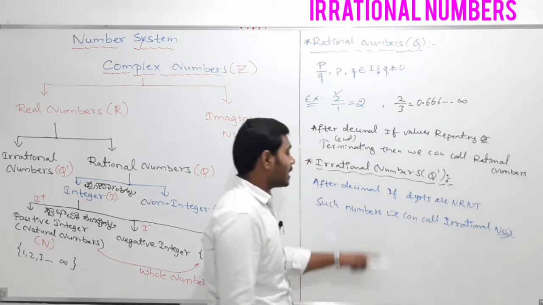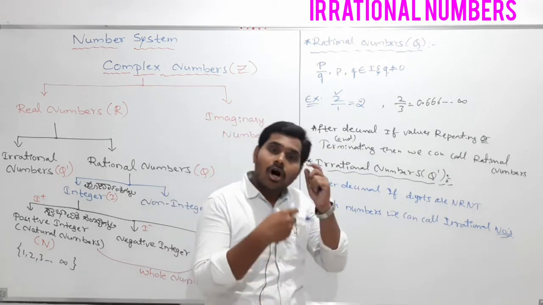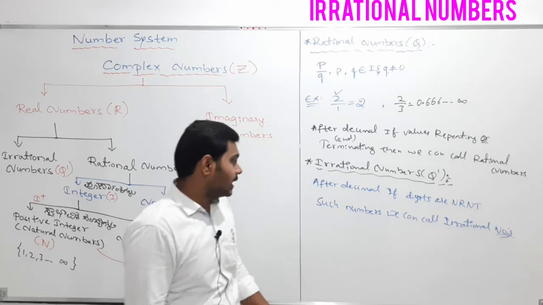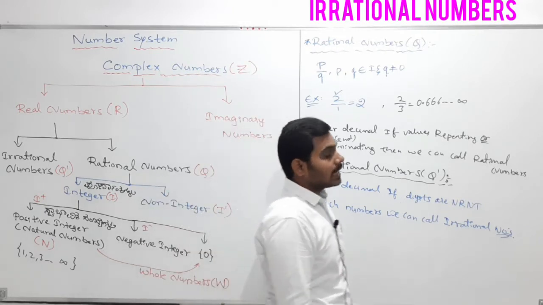So what are irrational numbers? After the decimal, if digits are not repeating and not terminating, such numbers we can call irrational numbers.